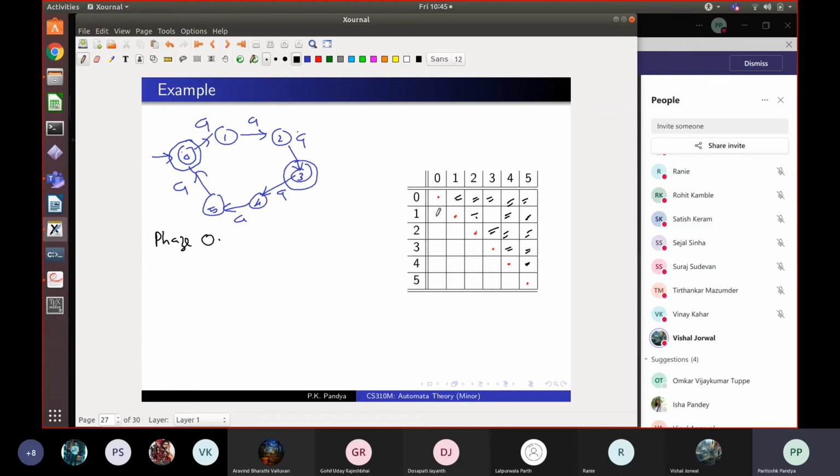No. When do we mark a pair in an initialization phase? What you check is whether one of them is a final state and the other is not a final state. So 0 is final and 1 is not final. So we should mark it, right? Oh yeah. So let's do it.